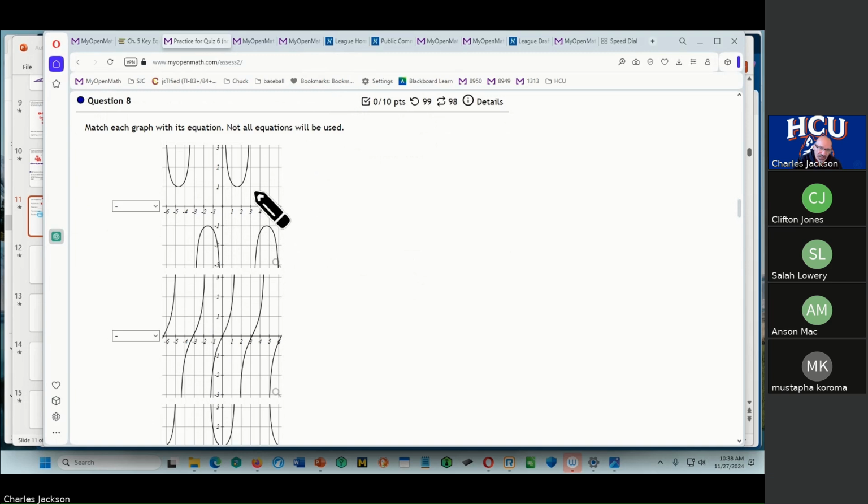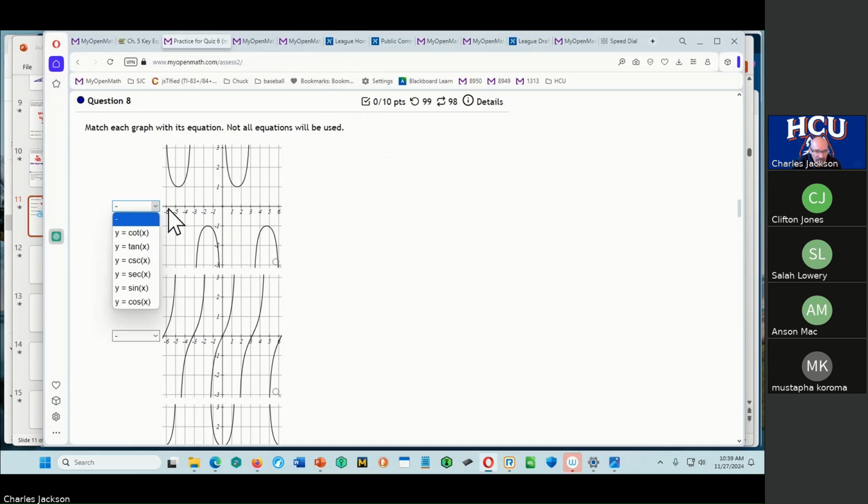I do find the disappearing ink useful. So that's 1 over sine, which would be cosecant. So cosecant x.